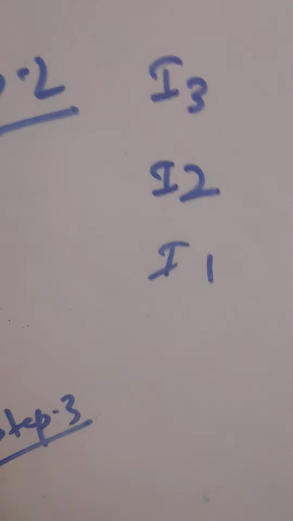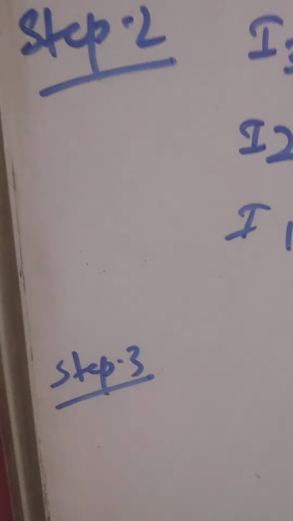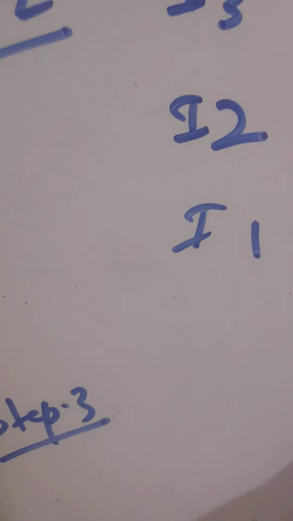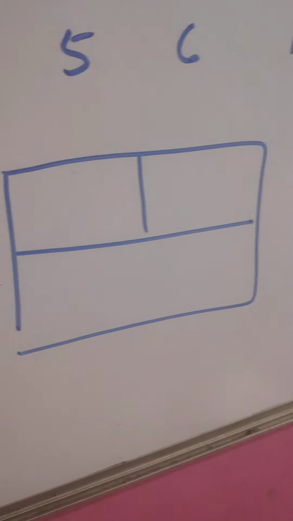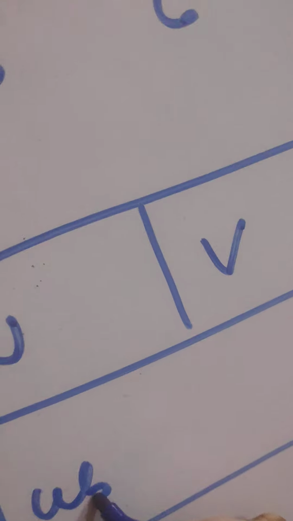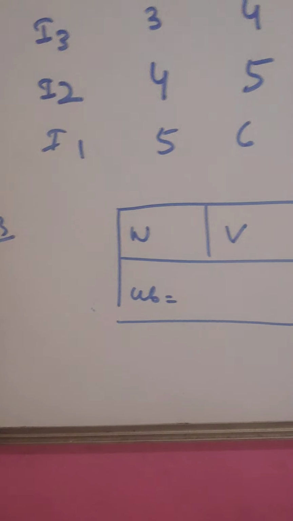Remember, in branch and bound, while solving 0 1 knapsack problem, each node will be in this format. Each node: this will be for weight, this will be for value, and this will be for upper bound. UB is for upper bound. How to calculate upper bound?